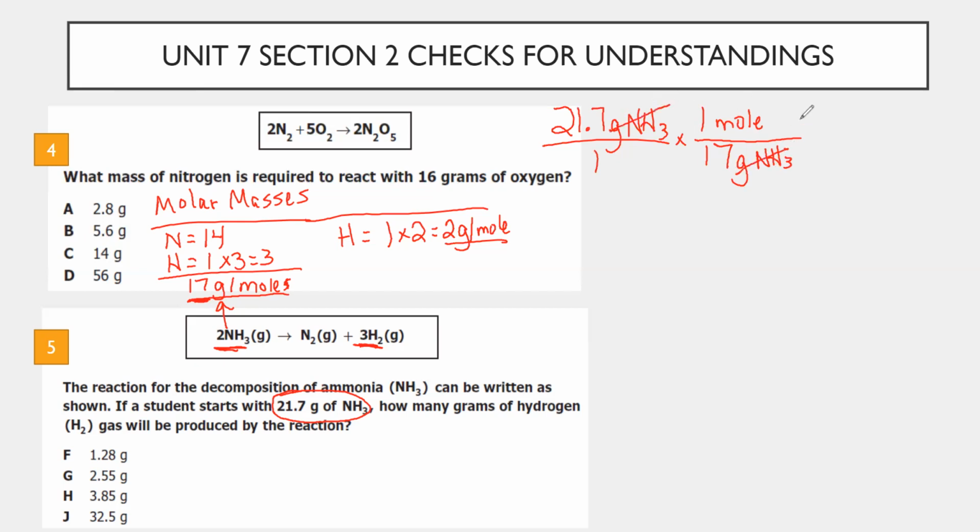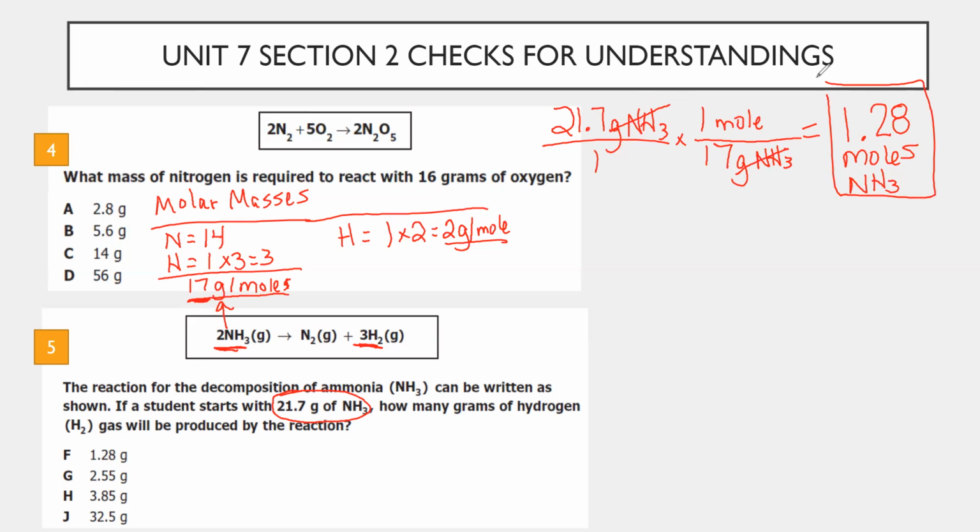Cancel the grams out because we want moles. So when you plug this into the calculator, you should get 1.28 moles of NH3, okay, that are found in those 21.7 grams.